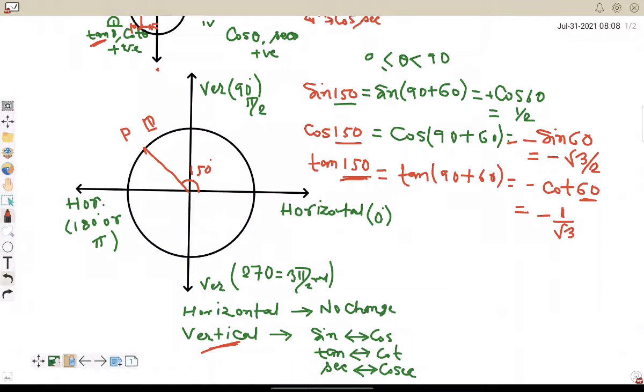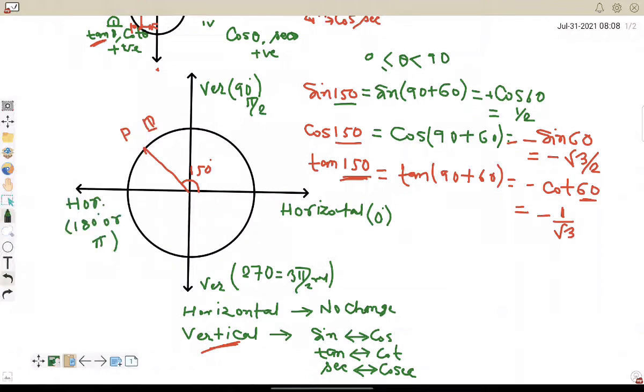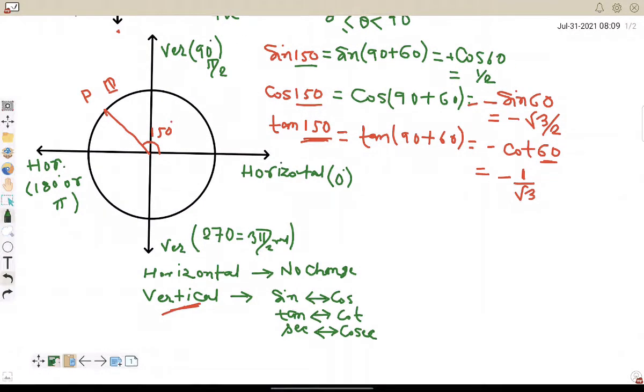Next, we can again apply the concept here, and we can find some value like sine 150. So how can we write sine 150 in a different way? First write sine 150, and sine 150 can also be written as sine of 180 minus 30 degrees.